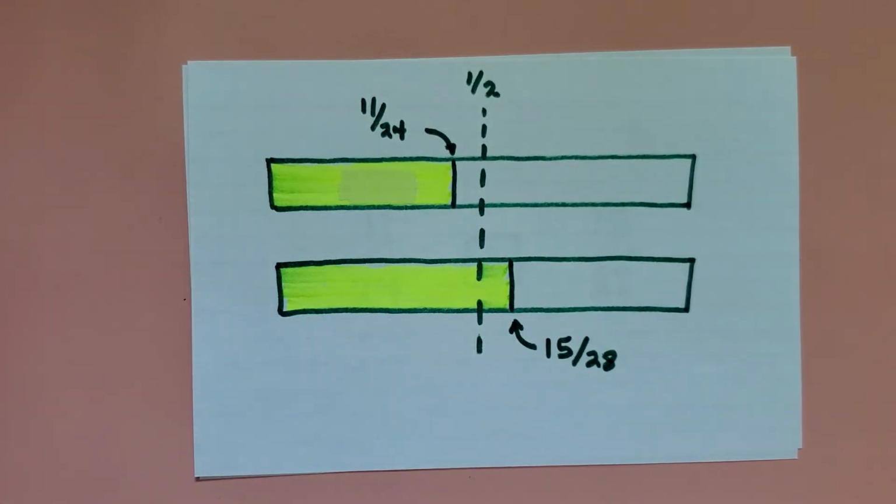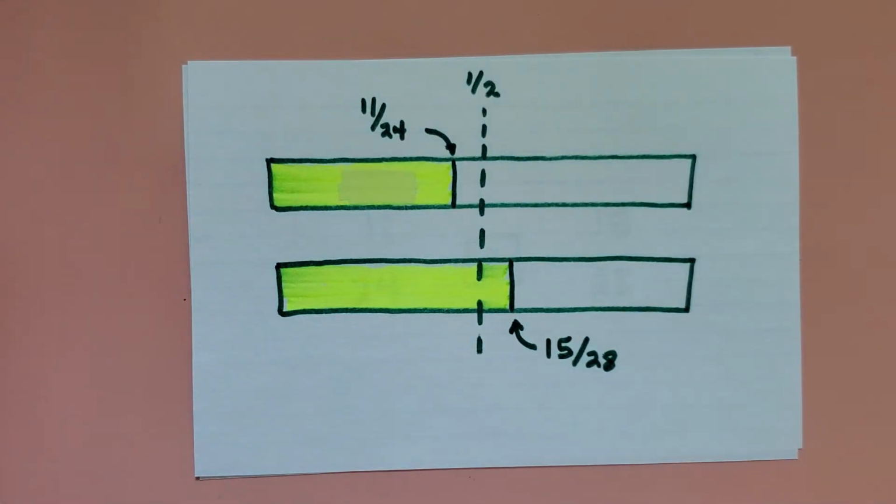Looking at 11/24, remember that 12/24 would be 1/2, and so 11/24 is just a little piece less than half. 15/28 is just a little bit more than half, because 14/28 would be a half. So I've marked 15/28 being a little bit more than 1/2, just one piece more than a half.